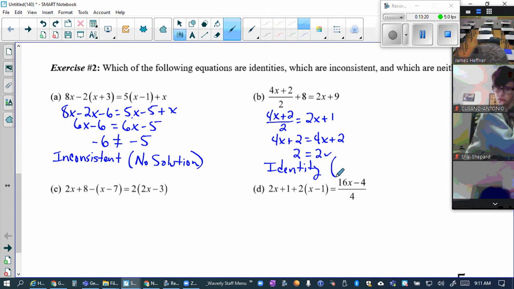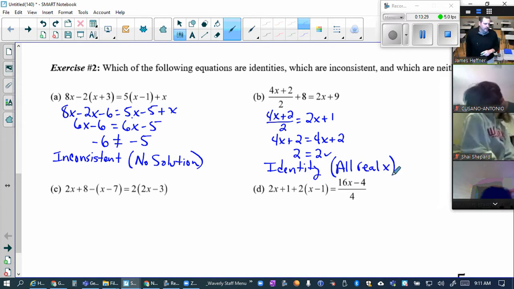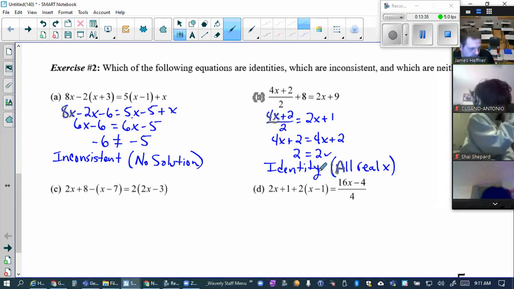Right, so the solution would be all real x. And by real, hopefully you know I mean in the real number system. There are different number sets out there. Okay? Later on we'll deal with the imaginary numbers, but right now we're dealing with real. All right, let's do part C.